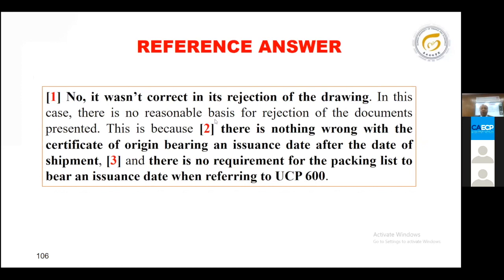There is no reasonable basis for rejection of the documents presented, due to the fact that there is nothing wrong with the certificate of origin bearing the issuance date after the date of shipment.